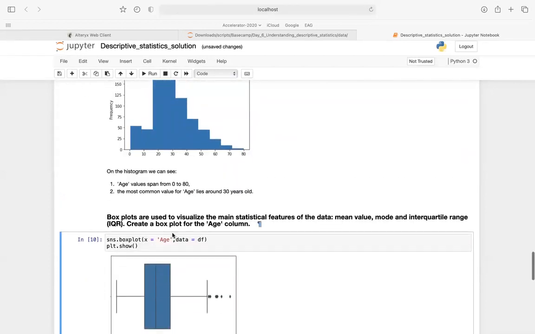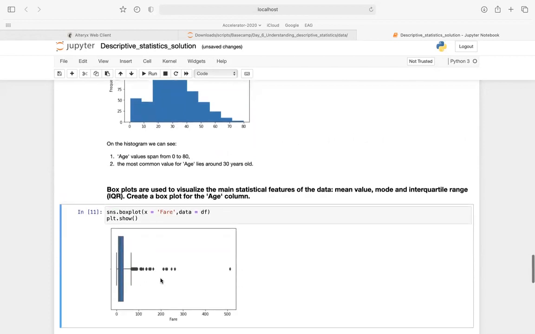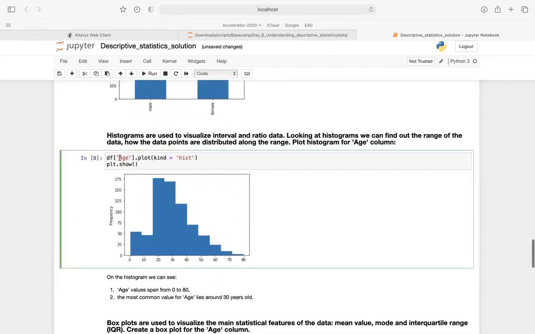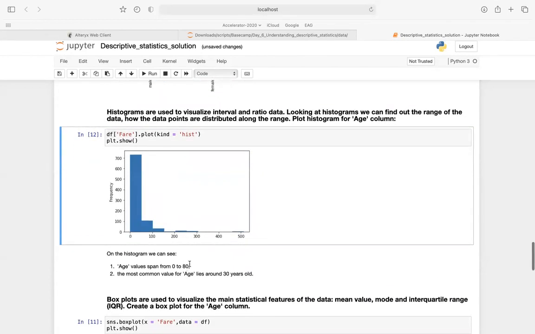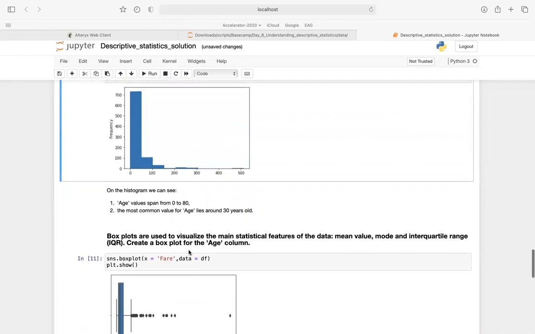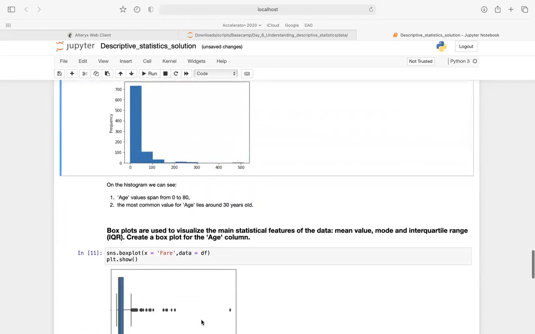If you want to validate my fair column, why it is giving me such a weird result, we can quickly check the histogram for it. Now, do you see why my box plot is generating this kind of a result? For the column fair, the maximum value I have is between 0 and 500, or 550 in a way.